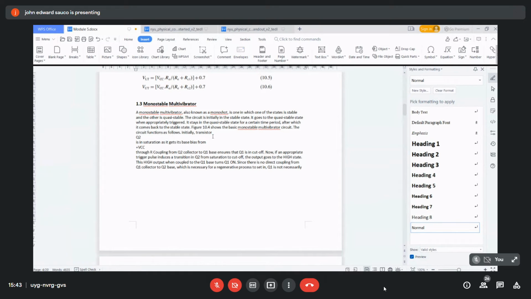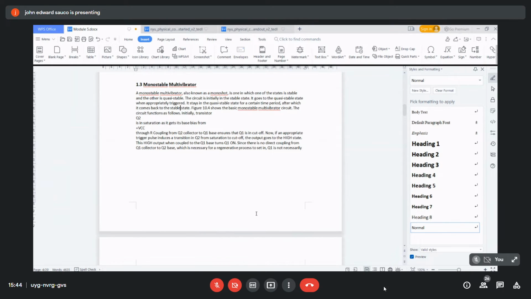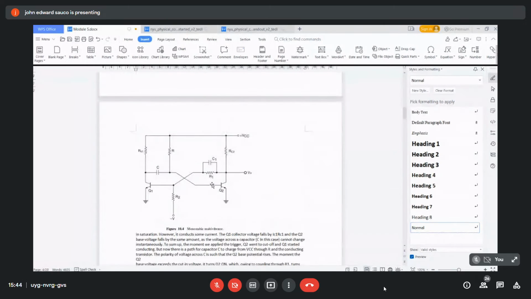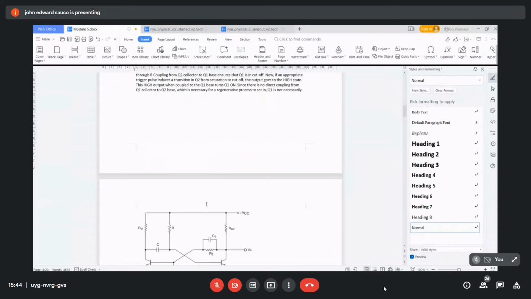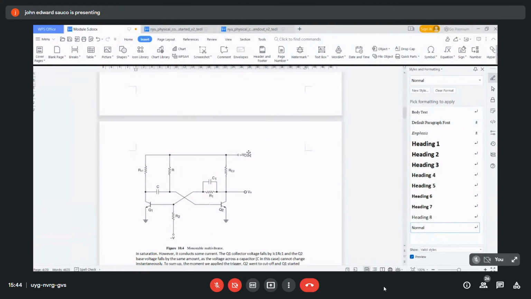So, circuit functions as follows. Initially, transistor Q2 is in saturation as it gets its base bias from VCC through R. Coupling from Q2 collector to Q1 base ensures that Q1 is in cutoff. Okay? So initially, yung Q2 saturated. Saturated na agad yan. And then, as it gets the base bias from VCC, yung base bias natin is sa VCC.